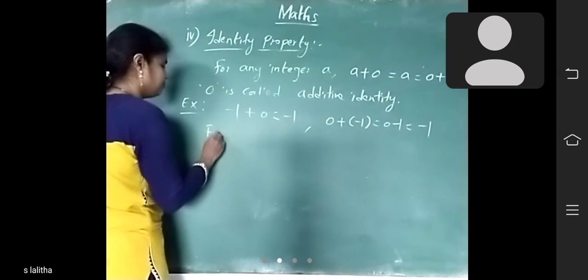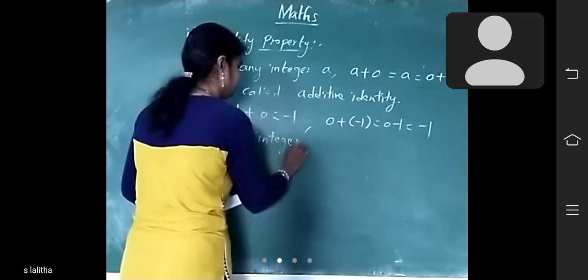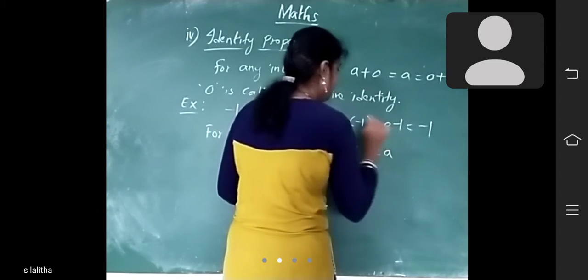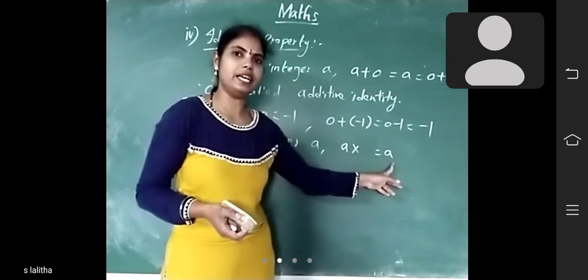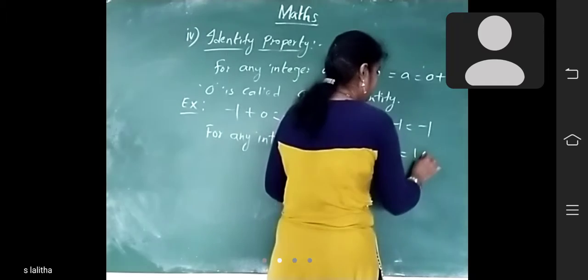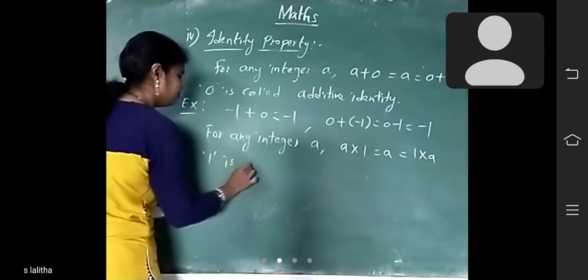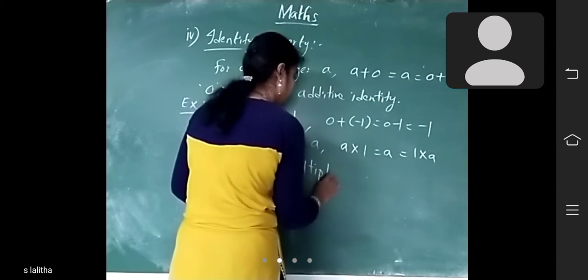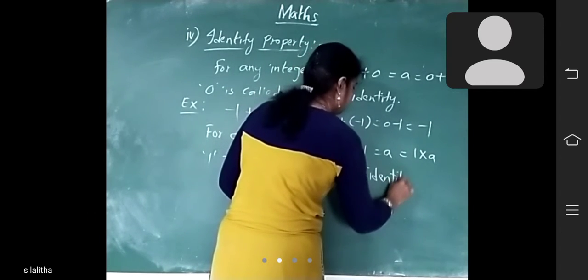Next. For any integer a, a into dash is equal to a. Which number should you multiply with a to get the product a? 1. a into 1 is equal to a, 1 into a is equal to a only. So here 1 is called multiplicative identity.